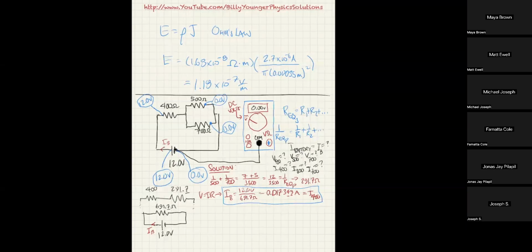But what I can also do is, now that I know what current's going through the 400 ohm resistor, I can find the voltage across it. So the voltage across the 400 ohm resistor, V400 is what I called it, is actually equal to 0.017349 amps, and that all times 400 ohms.